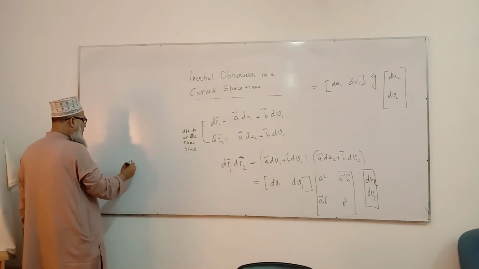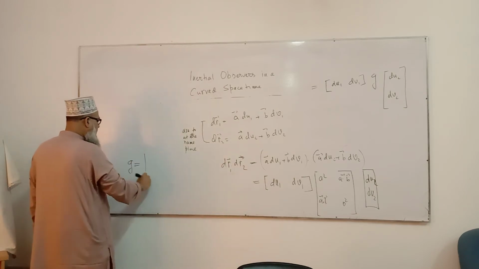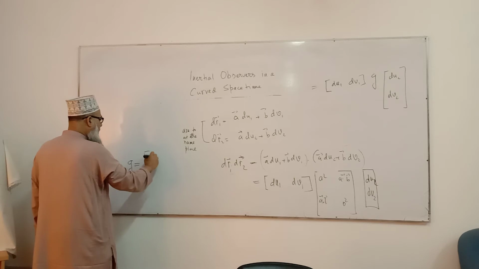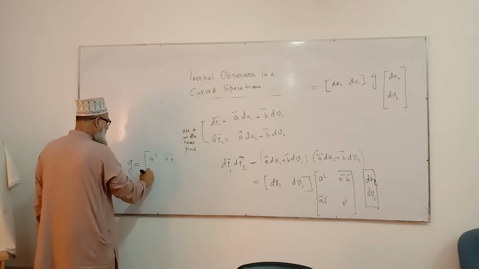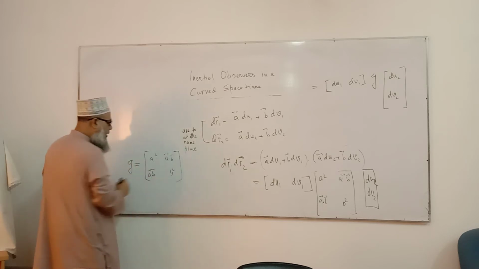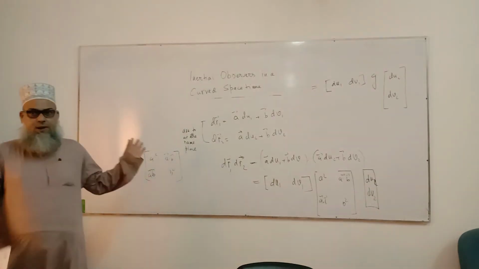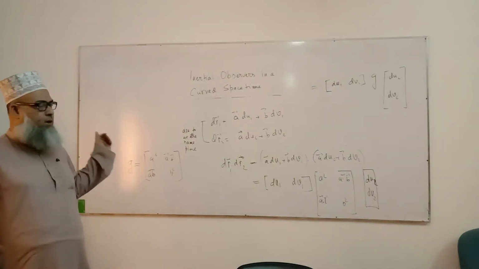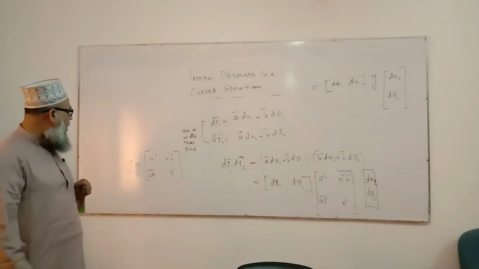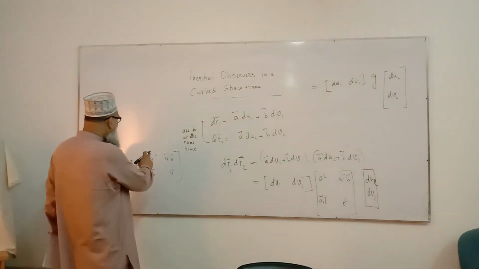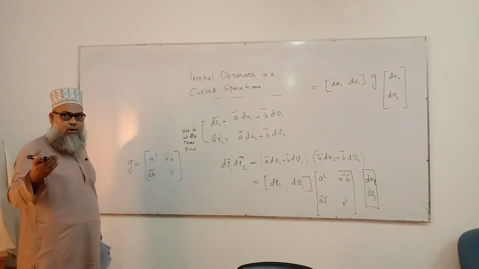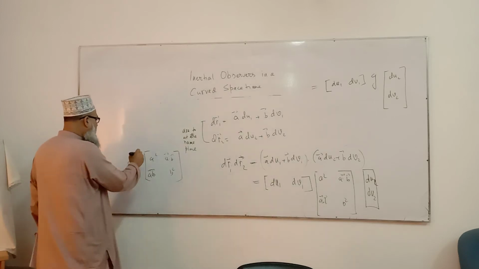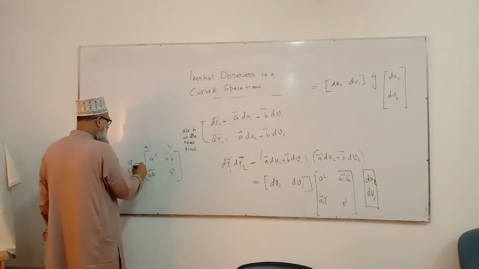G is the two-by-two matrix a square, a dot b, a dot b, b square. Now, what is this component? We label them by the coordinates, U and V. This is G_UU, which is a square.